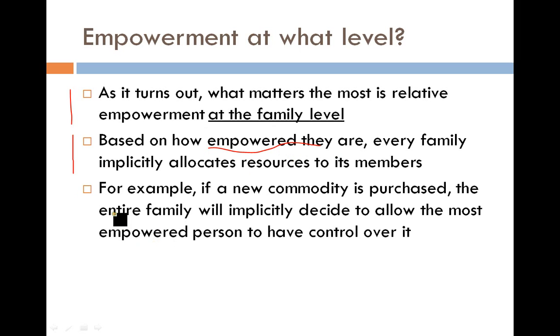So for example, if a new commodity is purchased, the entire family will implicitly decide to allow the most empowered person to have the largest control over it, and as the empowerment goes on lessening, the control also goes on lessening automatically. Even the less empowered individual would definitely accept this. That is why the keyword is implicit.